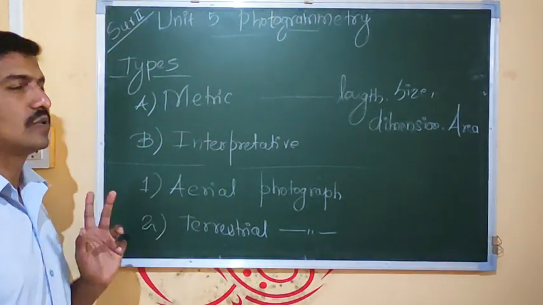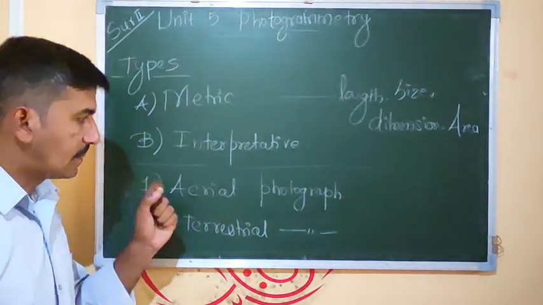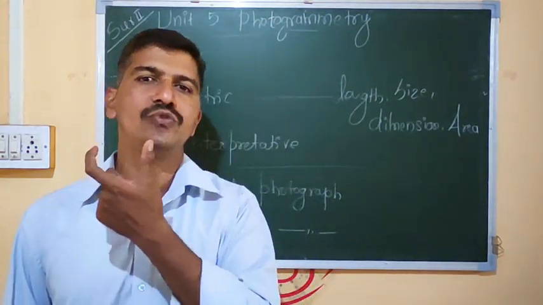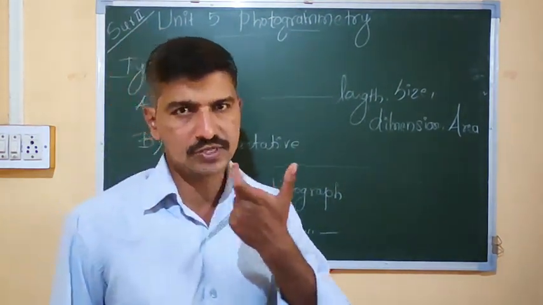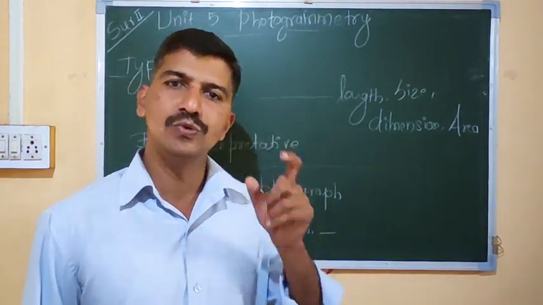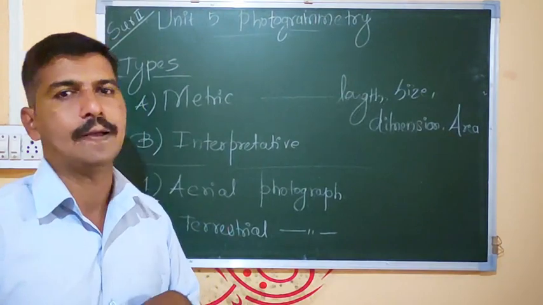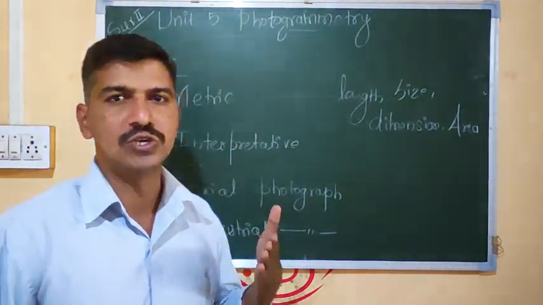In aerial photographs, the camera is mounted in an aeroplane moving with a specific speed, and the camera is going to capture that particular area at a particular interval.